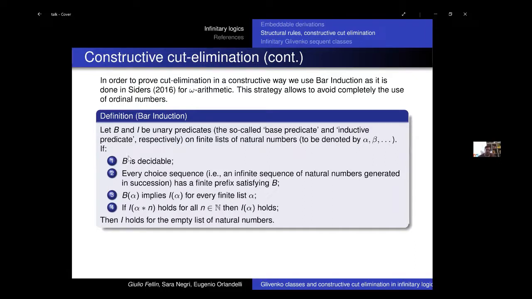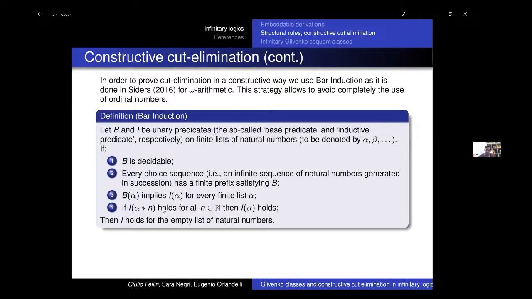If we have these four conditions: B is decidable; every choice sequence has a finite prefix satisfying B; B of alpha implies I of alpha for every finite list alpha; and if I of alpha succeeded by n holds for all natural numbers n, then I of alpha.